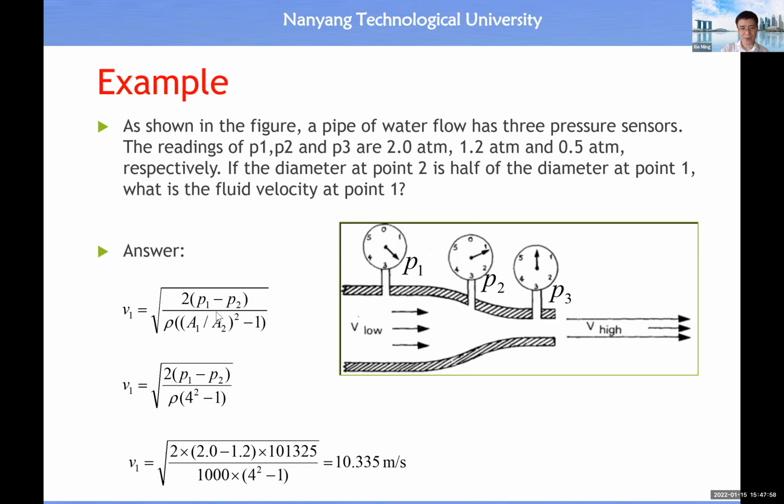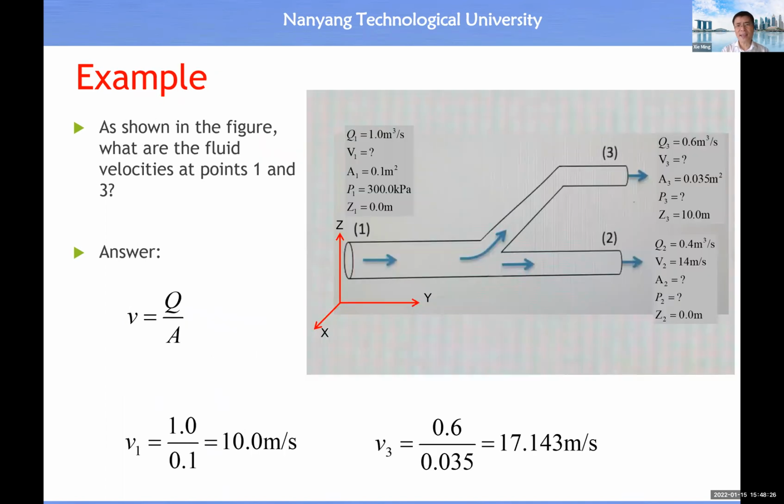So then this ratio is equal to 4 raised to the power 2. Now we know everything because the pressure difference between point 1 and point 2, we know, and the density of water, we know. So we put in the values, then we should be able to get this answer. But here you must pay attention to doing conversion from atmospheric pressure to Pascal, right? So this is a coefficient for us to do the conversion.